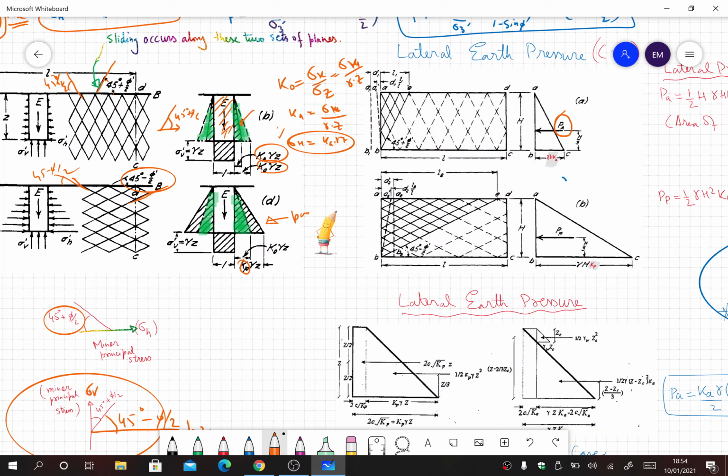So we want to know how much force is being applied and at what location. That is our major goal, because, you also study structural engineering, so you know that based on the location and the amount of the force, you design the reinforcement of the retaining wall. So this is the main purpose, to calculate the horizontal force.